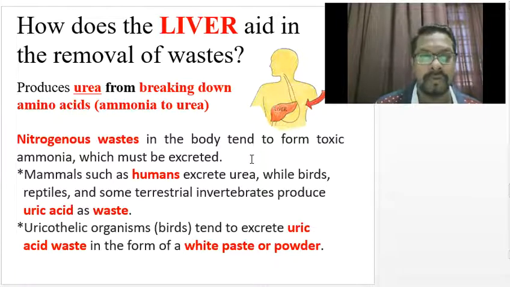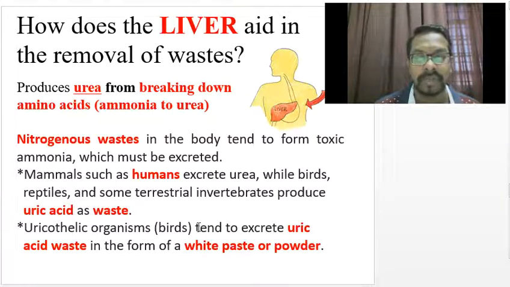Now for mammals such as humans, we excrete urea, while birds, reptiles, and some terrestrial invertebrates produce uric acid as waste. What is this uric acid? This one is very common with us. In our school area, those whose parents park their car there, you should know now.